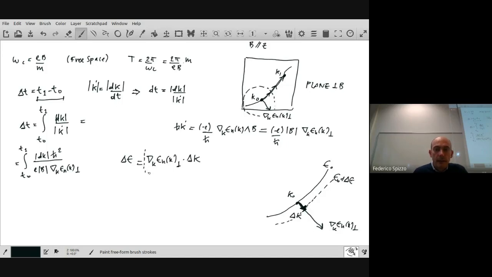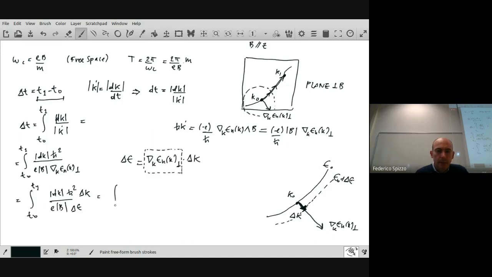Due to that, I may replace the expression of this gradient using delta E and delta k into the integral. So this is equal to the integral from T0 to T1 of dk modulus h bar squared divided by EB. And then in place of the gradient, I write delta E and delta k.